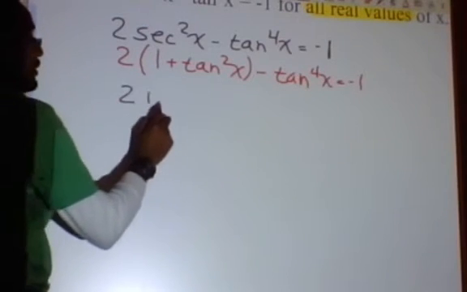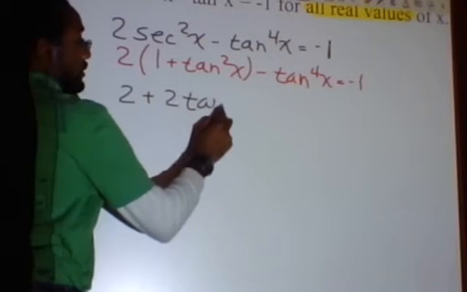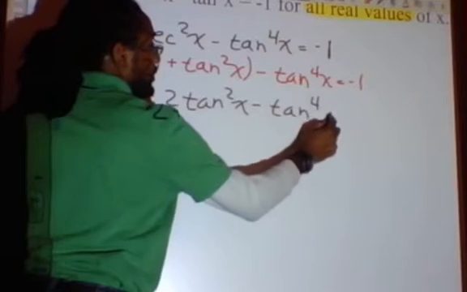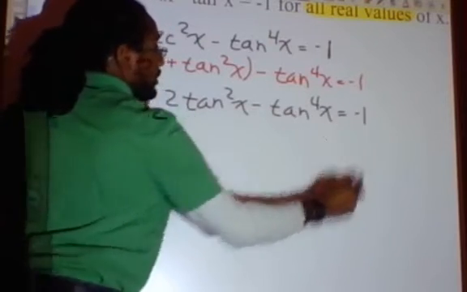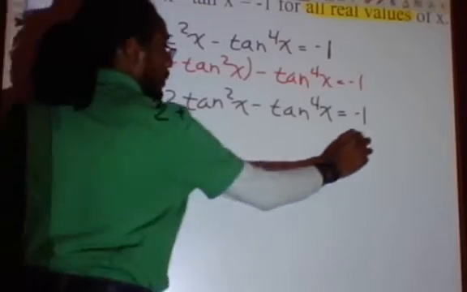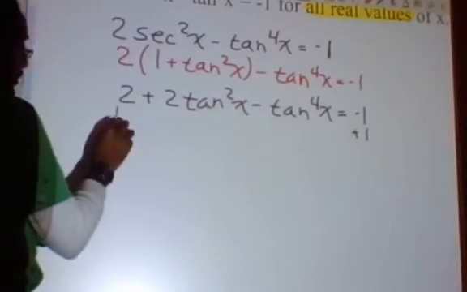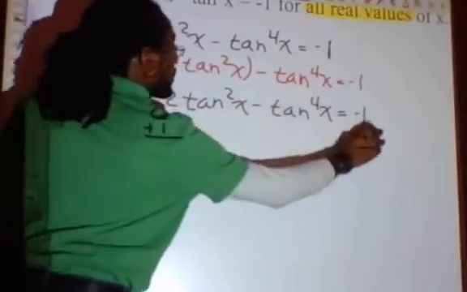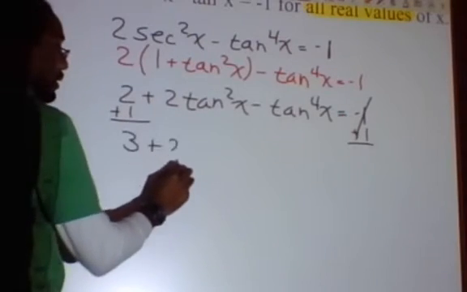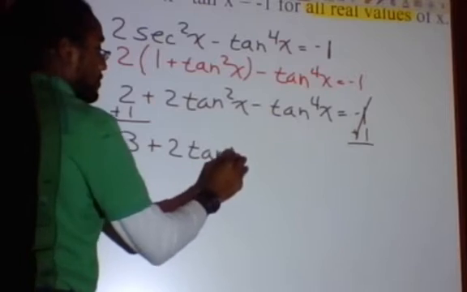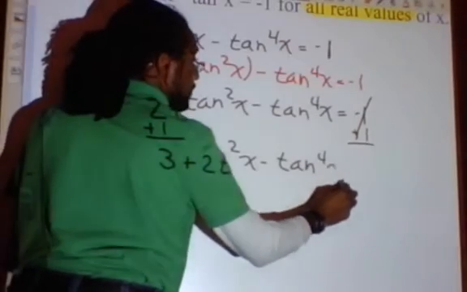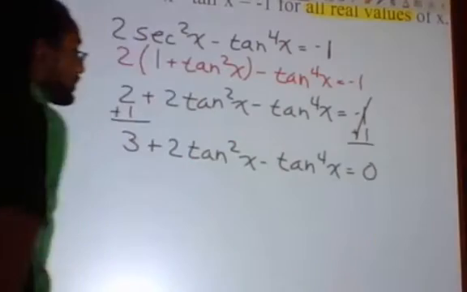So that's 2 plus 2 tan squared x minus tan to the fourth x equals negative 1. Once again, trying to get this equal to 0, so we add 1 to both sides. That goes to 0 on this side. This goes to 3. That equal to 0 there.